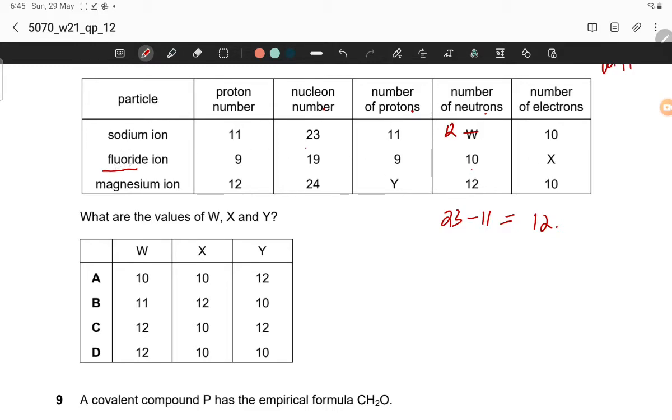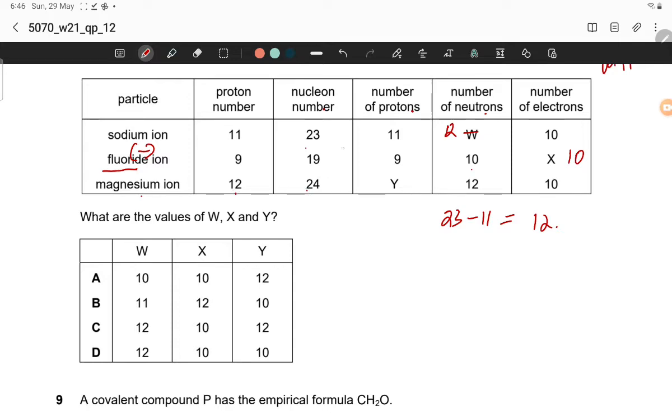Because fluoride is negative, the number of electrons will be more than the number of protons.